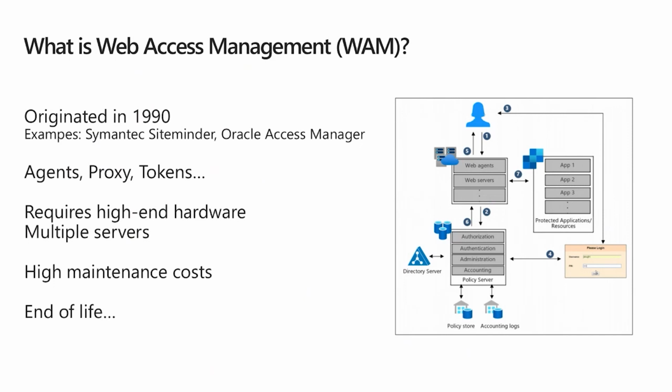How it would work depended a bit on the implementation, and that's what also makes it a bit complex, right? You have the option to implement agents, to use a proxy, or do something with tokens, something we do nowadays as well. And that means that it requires a lot of high-end hardware and infrastructure, because it's going to be the middle, it's going to be the thing that people see first when they're trying to access an application.